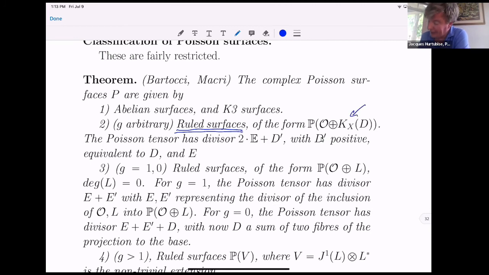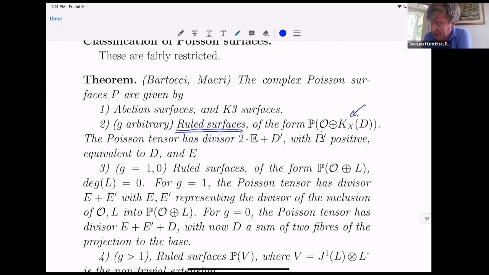So you're getting, well, you're getting either a sum of two line bundles, and one of which is the canonical bundle. I mean, once you've normalized, because you can tensor the two by something, it doesn't matter. So it would be O plus the canonical bundle twisted by a positive divisor.